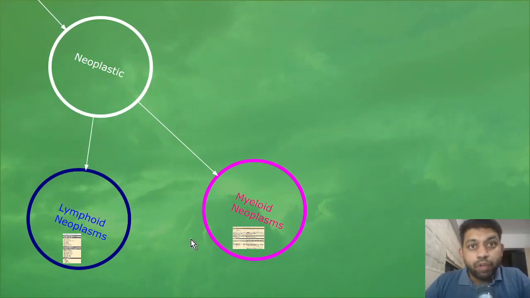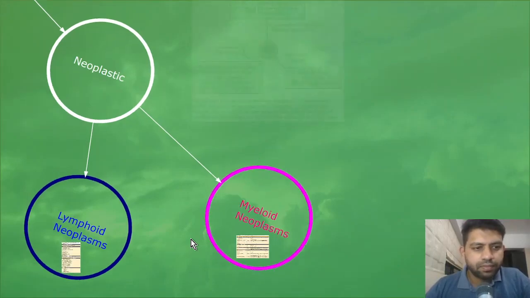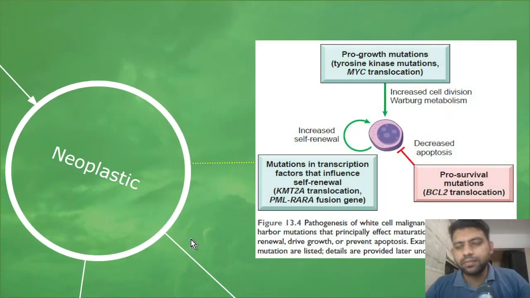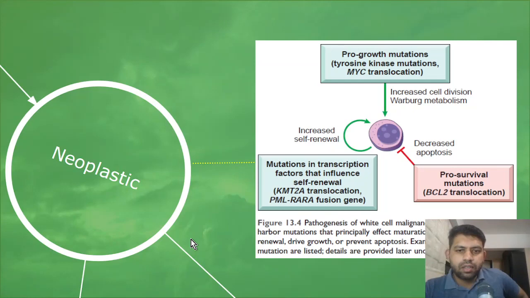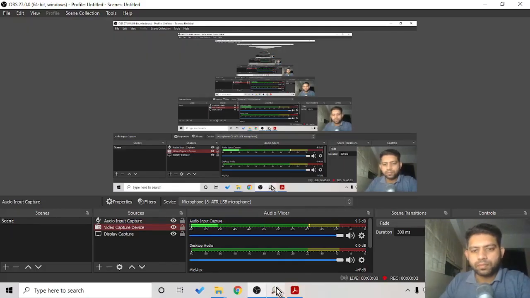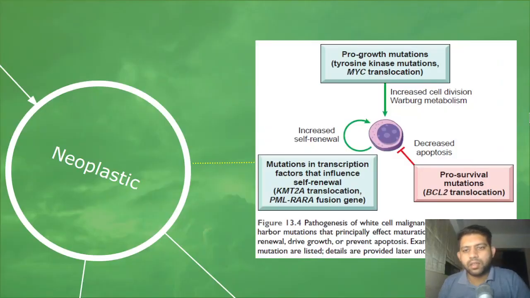Now coming to neoplastic proliferation of WBCs, white cells. This is a general overview about the pathogenesis of white cell neoplasms. One of the causes is increased self-renewal.